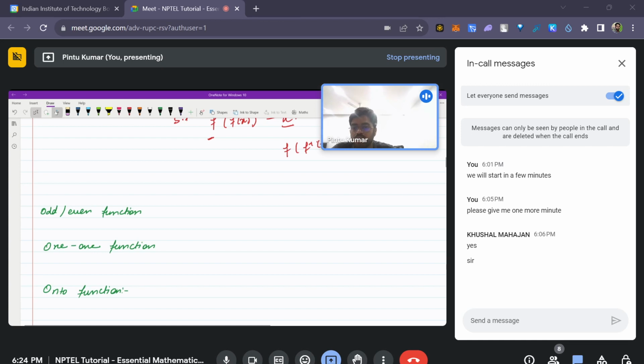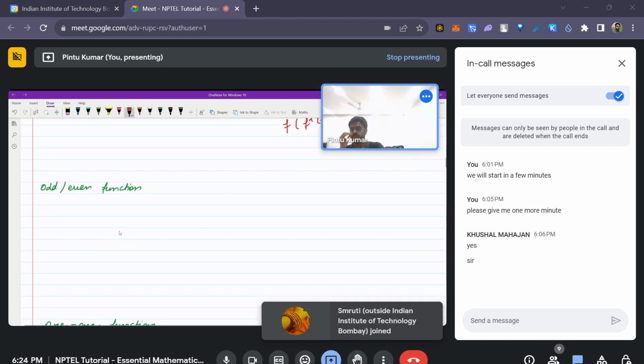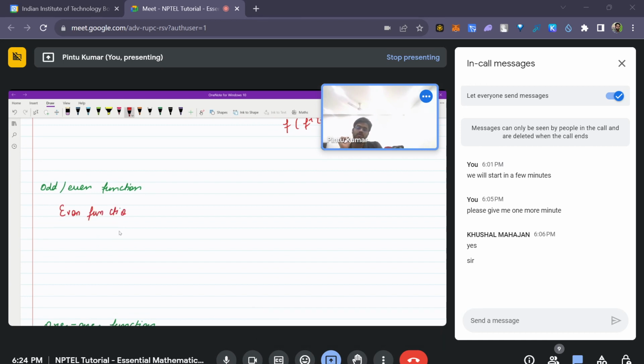So now we'll come to something that is called an odd function or even function. Let's look at the definition of an even function first. f is called an even function if f of minus x is equal to f of x.